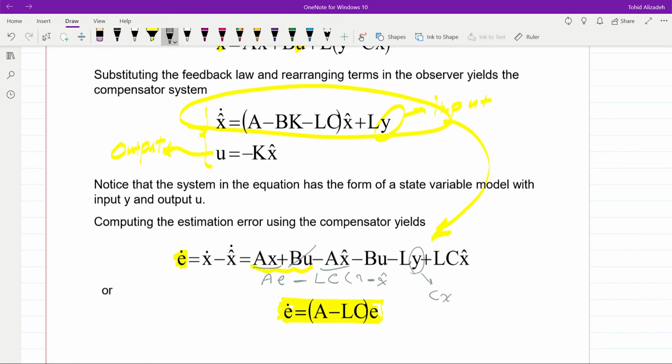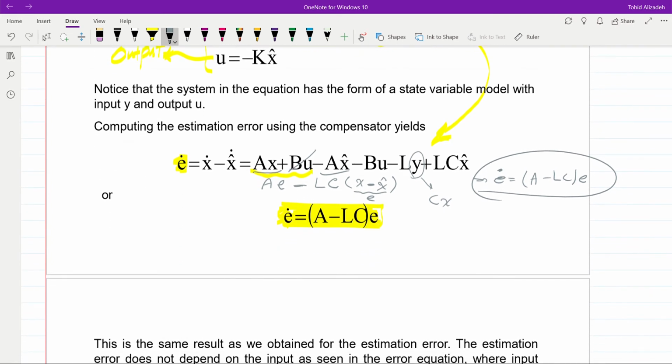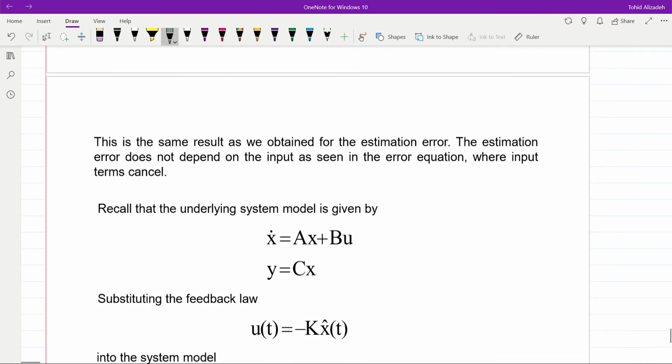So times x minus x hat, which is again e, and therefore e dot will be equal to A minus LC times e. And if you remember, this is exactly the same result that we got for the observer itself, when we were calculating the estimation error for the observer.